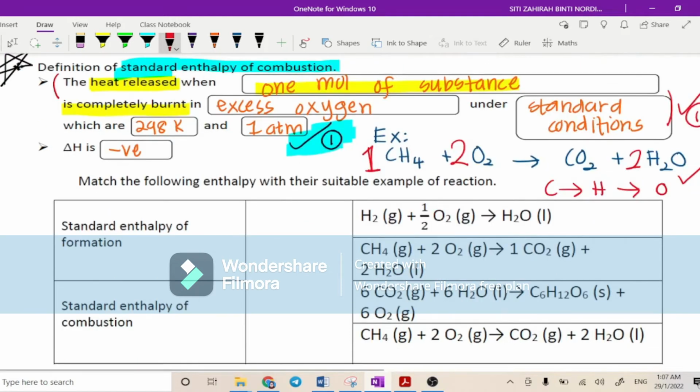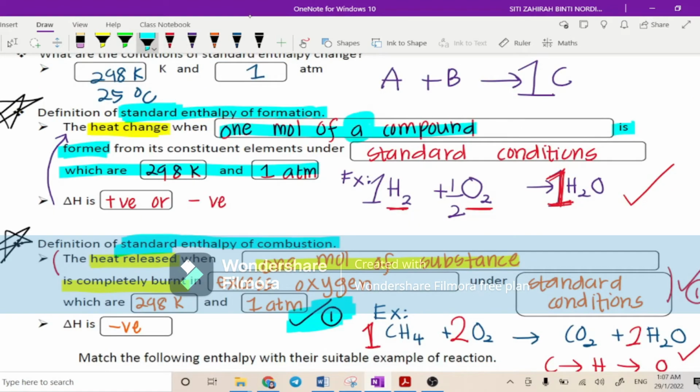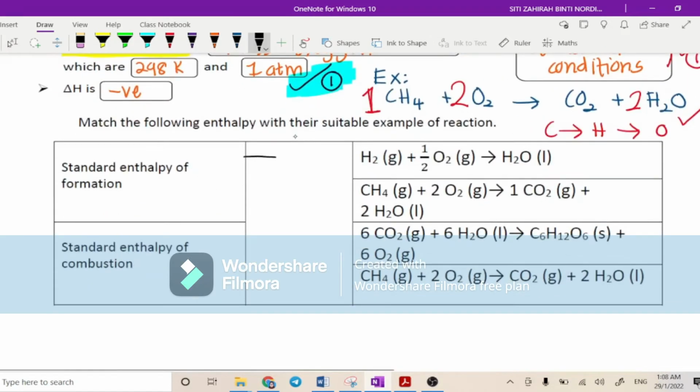So I've already explained 2 examples, so we're gonna match them. Standard enthalpy of formation, 1 mole of a compound, which means that for standard enthalpy of formation, you are allowed to have only 1 product. So this is definitely the example for standard enthalpy of formation. But what about this one?